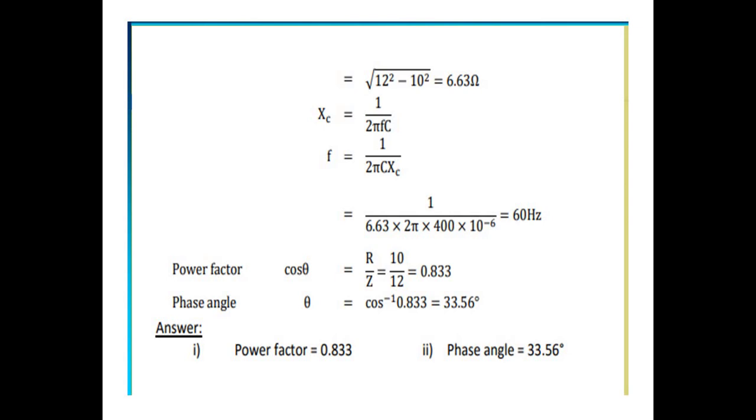Here power factor cos phi is equal to R by Z. R is equal to 10, Z is equal to 12, that means 0.833, and that means power factor leading. Then phase angle theta is equal to cos inverse 0.833, which is 33.56 degrees. So power factor 0.833 and phase angle 33.56.